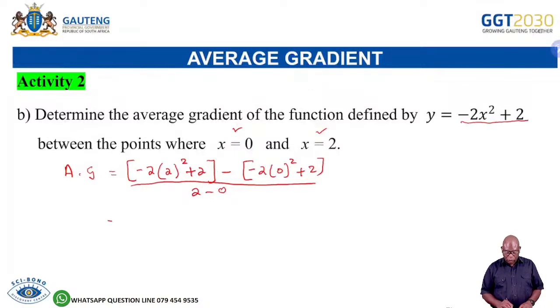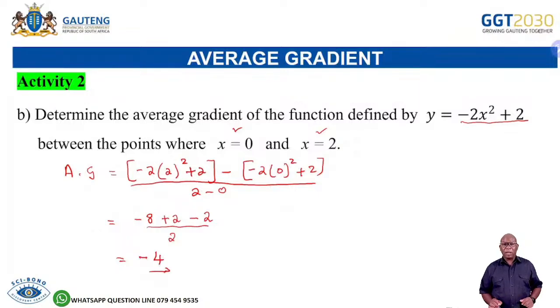Alright, so I'll work this one out. On the first one, I'm going to get negative 2 times 2 squared is 4. 4 times that is negative 8. Then that is plus 2 minus, this is a 0. That whole thing is a 0. And then from there we have a plus 2, and then times that will be a negative 2. Right, all divided by 2, and that answer there will be a negative 4.